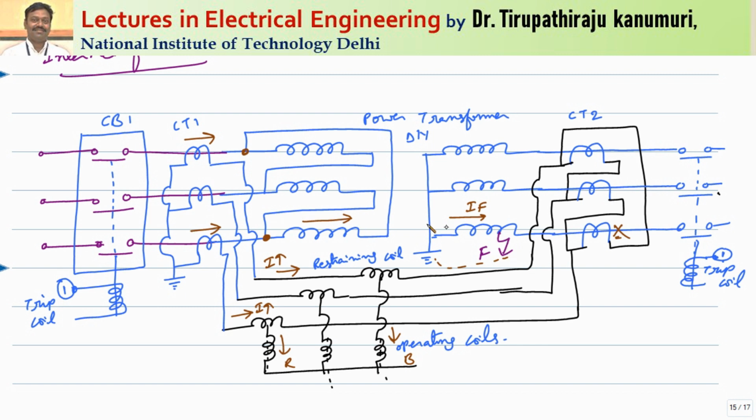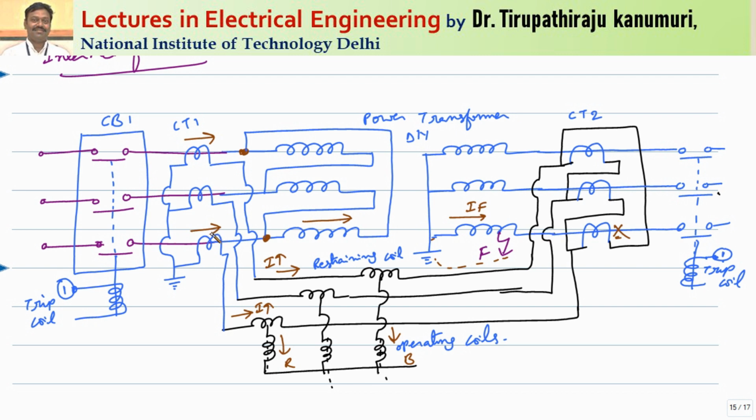So it depends on the transformer connections. I am repeating once again, whenever the fault happens here, whatever current is coming here is bypassed here, so this is not going to affect the current in the CT that is connected in the secondary side. But this fault is supplied from the primary side, and this is connected to this terminal and this terminal, or we can say that this phase as well as this phase is supplying that fault current because it is delta connected.